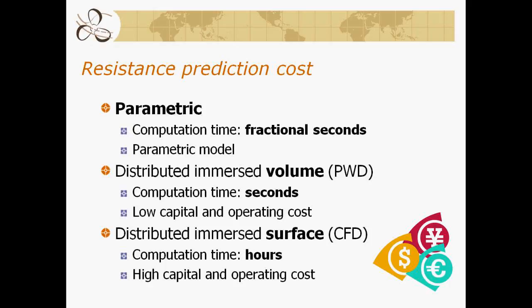The distributed immersed volume method, the PWD method, its computational time is seconds. It has low capital and operating cost. And the distributed immersed surface method, CFD method, its computational time for a single design point is typically in the hours, and it has a higher capital and operating cost.